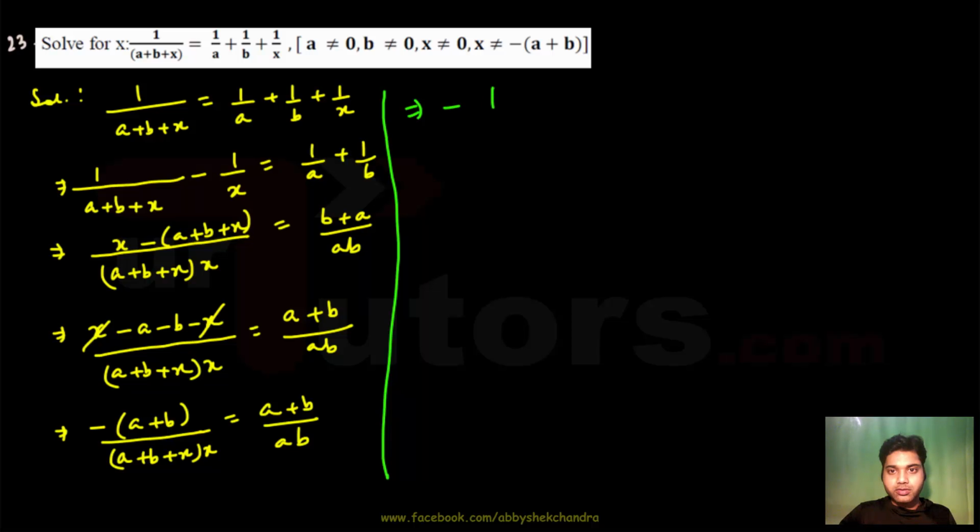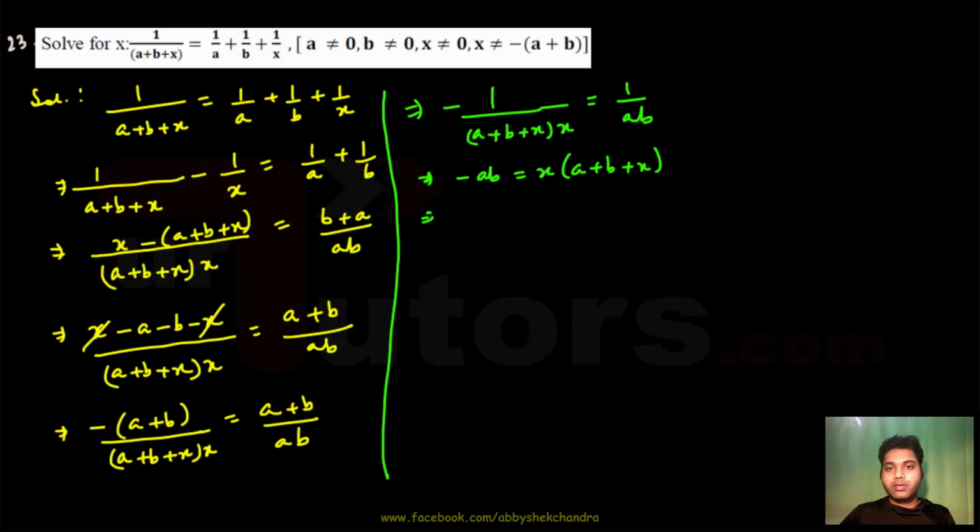So minus of a plus b plus x into x equal to 1 by ab. Cross multiply, minus ab equal to x into a plus b plus x, or take everything to one side and open the bracket. You'll get x squared plus ax plus bx plus ab equal to 0.